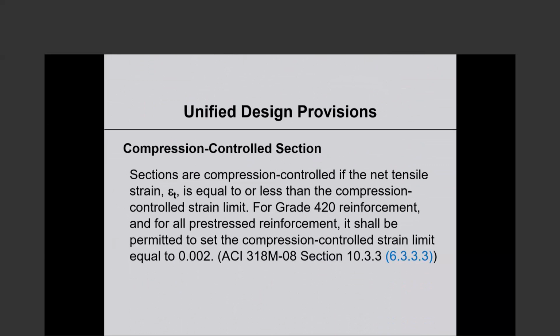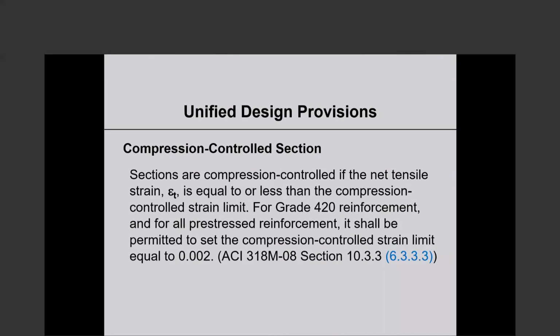Okay. Now a little bit of repeat from yesterday, which I will do very, very quickly, but this is part and parcel of what we need to discuss today. Compression control sections, remember we defined the net tensile strain.